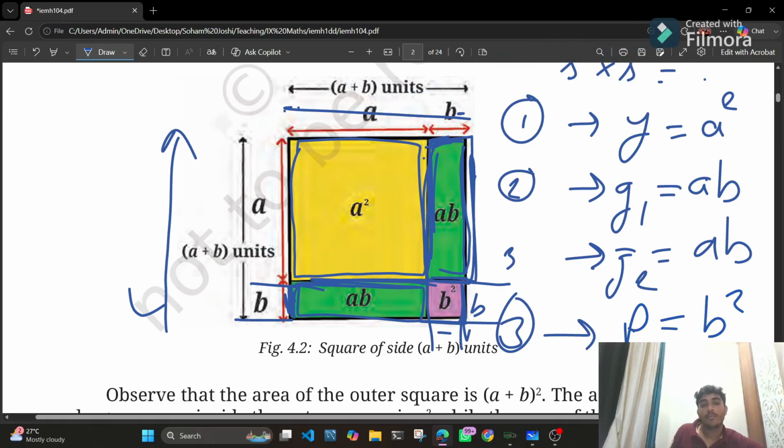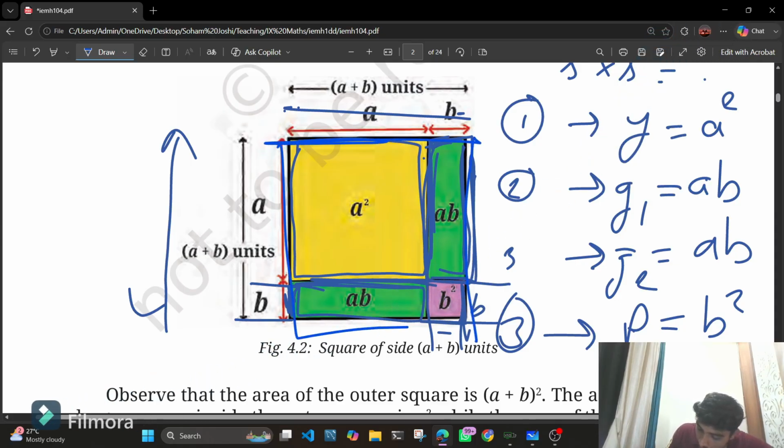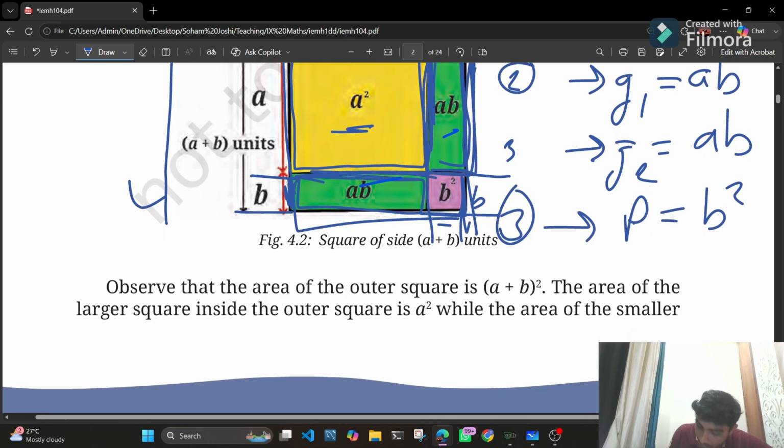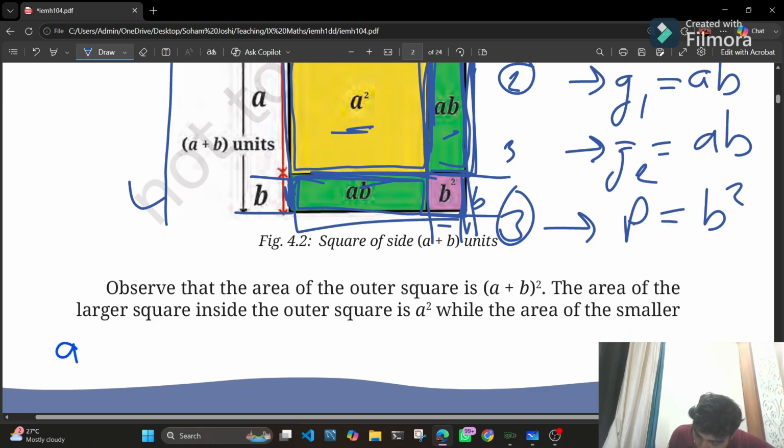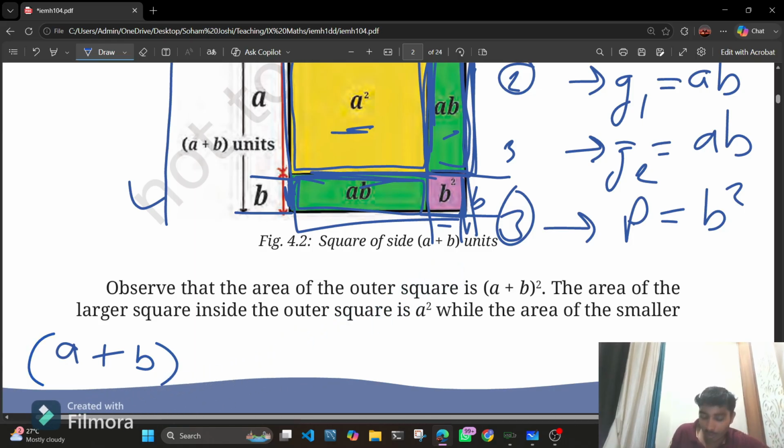Now to get the area of the whole square of side A plus B, you would just add all these individual squares. You know that the area of a square is side into side, that is side square.